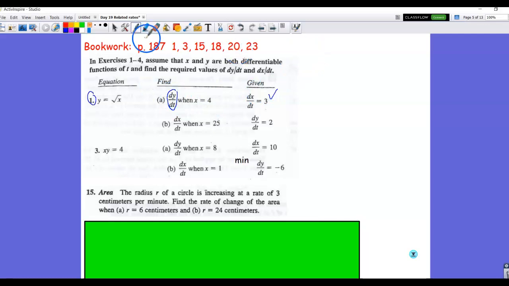So I'm going to bring the equation over here. I'm going to make my pen just a little bit bigger. So y equal to, I'm going to make that x to the 1/2 power, and I am taking the derivative with respect to time.